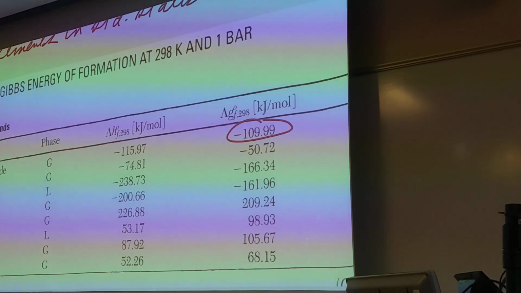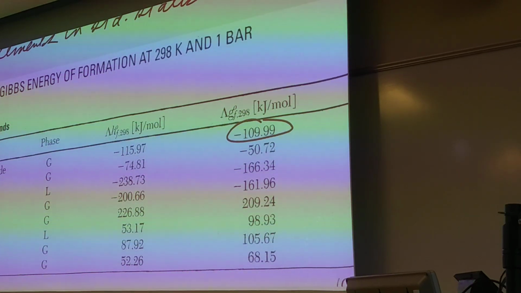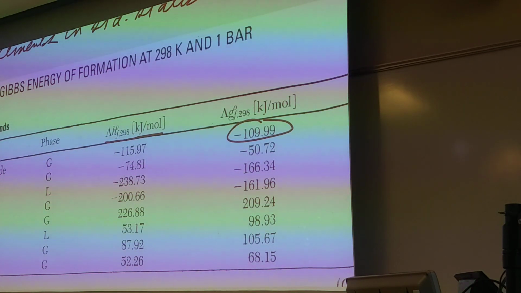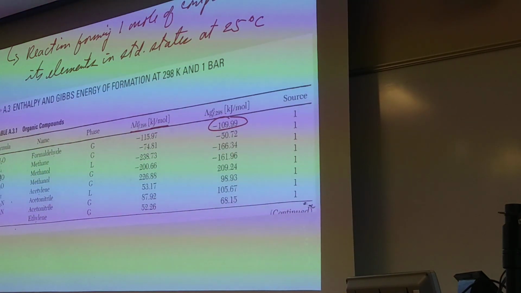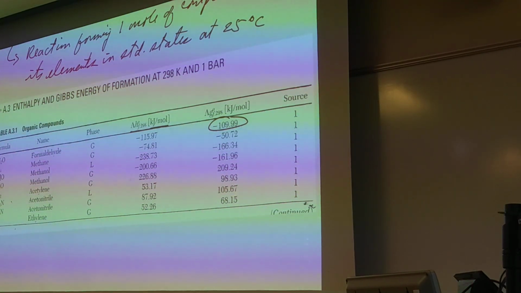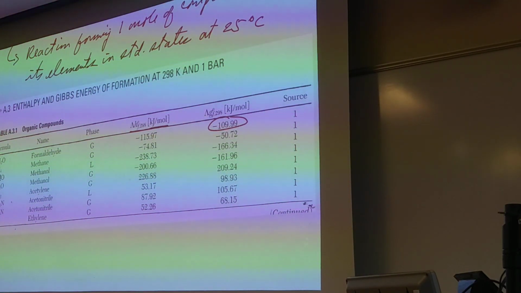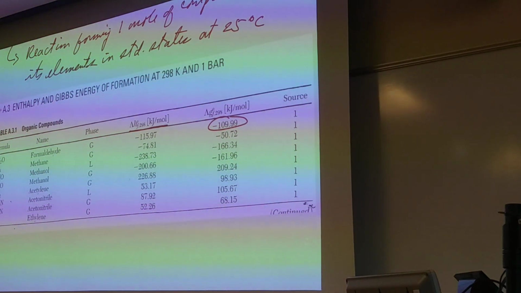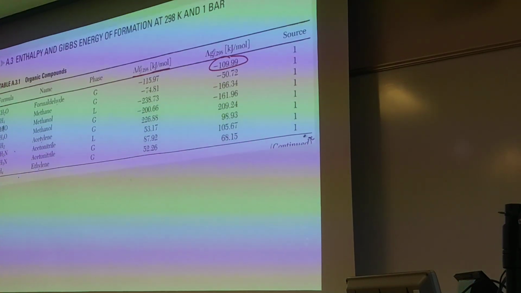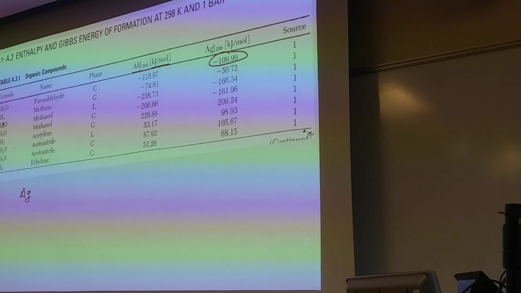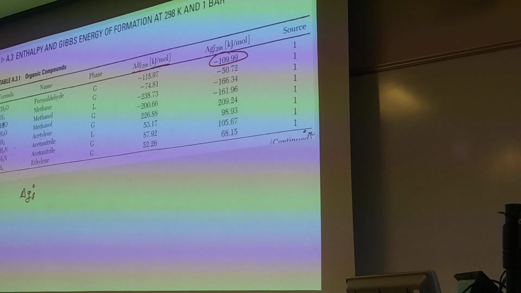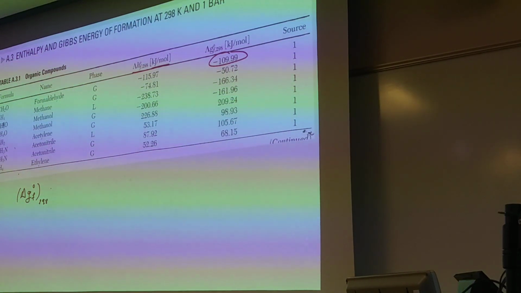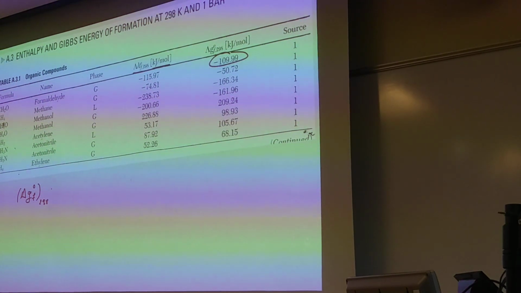You notice in this same list that I've got values for the standard enthalpy, or heat of formation, in the same units. And this is just the beginning of a much larger table that you have in your appendix of the textbook. So what we've got evaluated here is the standard free energy change of formation, at 298 K, for this compound.